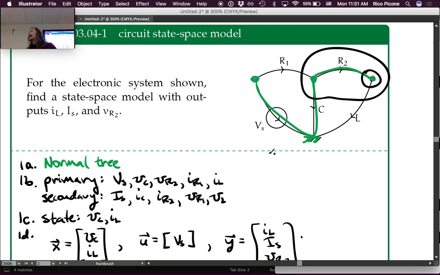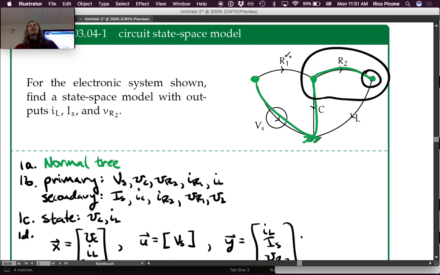It's as simple as that, and then you just need to solve for VR1, the across variable associated with the link that you included, and VL, the across variable associated with the other link that you included in the other equation. But once again, I like to skip right to the solution because it's a little bit faster. We don't have to write it twice. And it also just helps me remember what I'm supposed to be solving for. I'm always supposed to be solving for the variable associated with the element that we're either cutting in this continuity equation version or including in the normal tree in this compatibility equation.